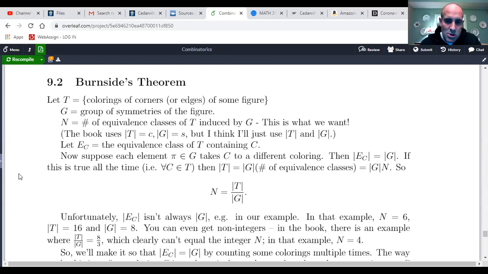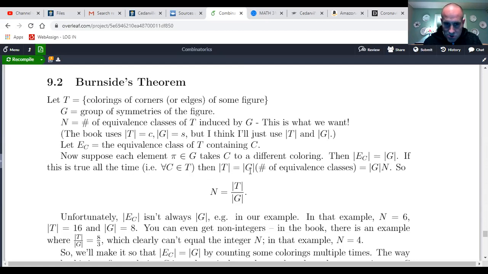And so then I would just have to multiply the size of the group by the number of equivalence classes, and I would get the entire collection of colorings, okay? And so you can see right here, that's what I'm basically saying. If each equivalence class was the size of G, then I would have this formula clearly, right?